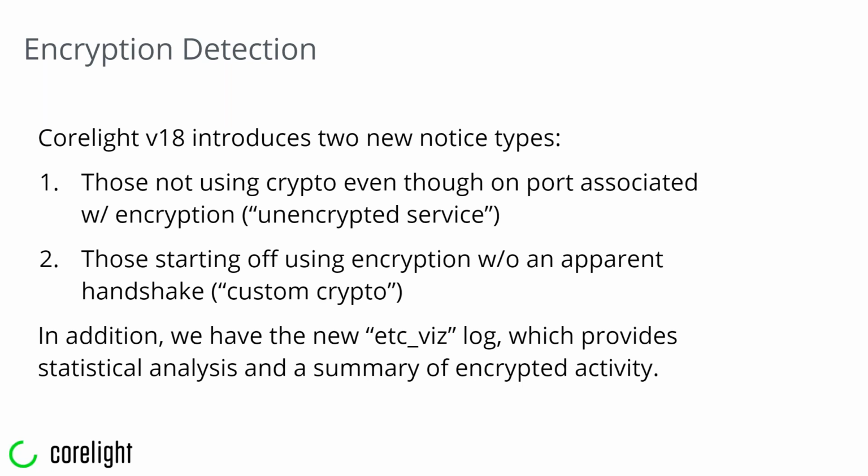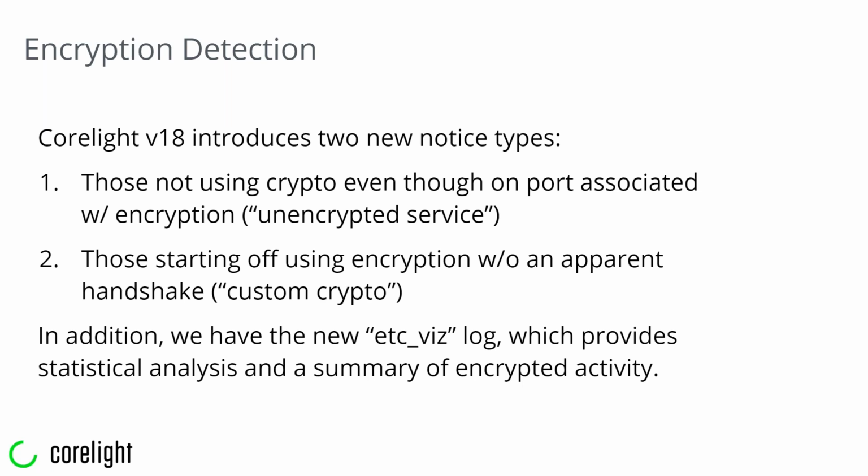And so a few things you'll notice as part of version 18 is that we are doing statistical analysis of traffic to identify that which is encrypted and that which is not. And from that, we can get a few potentially actionable pieces of information. So to start with, we might identify services that, in the first case, are on a port that is usually associated with encryption, but in this case, the traffic is clearly not encrypted.